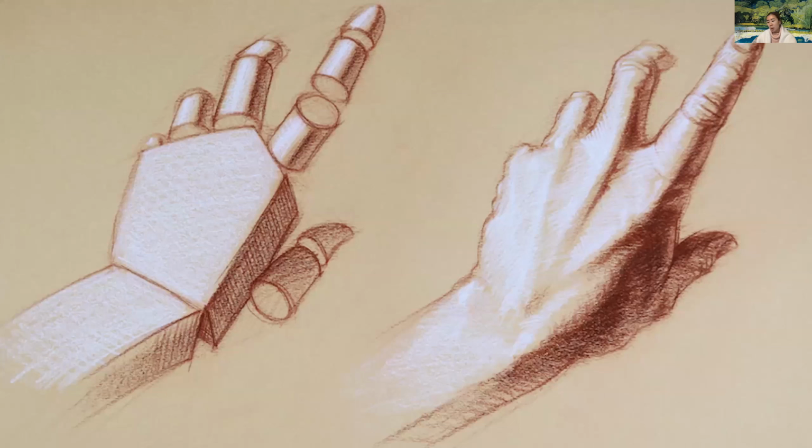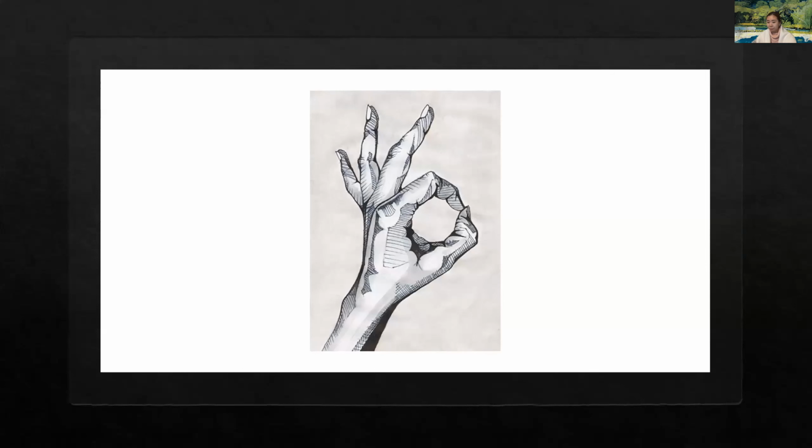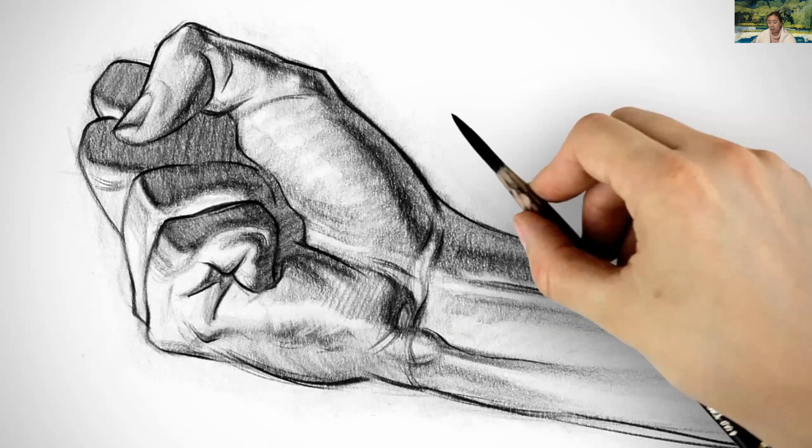This hand drawing shows motion and the contrast of the Baroque art style. Oh, and this hand drawing shows motion and emotion and the contrast, right? And this hand drawing shows emotion, grandeur, and the contrast.